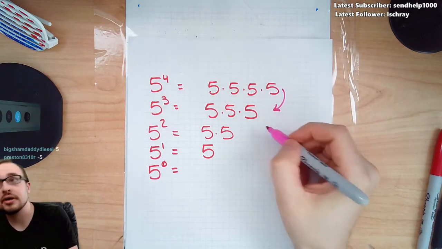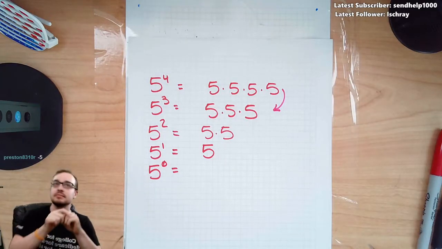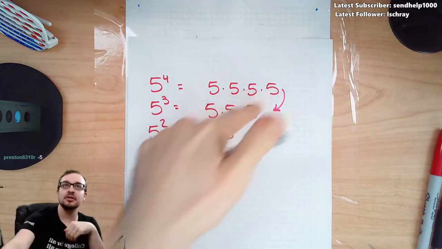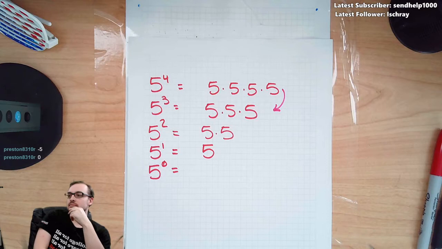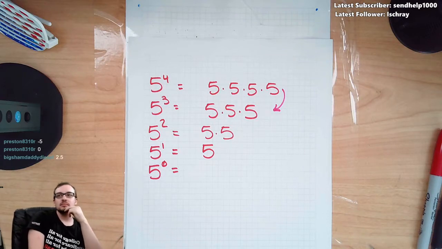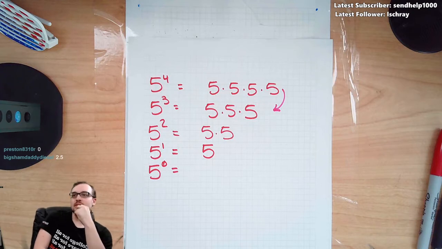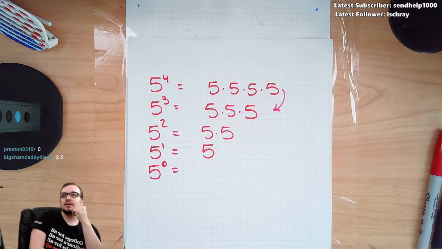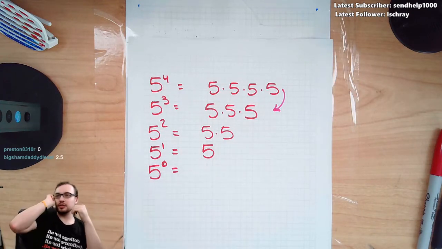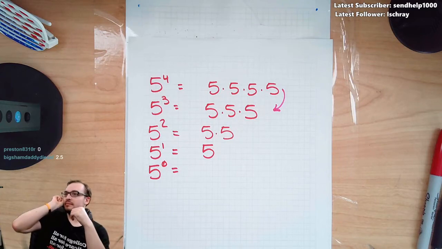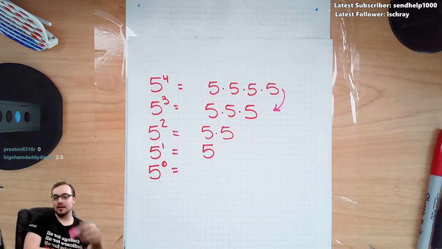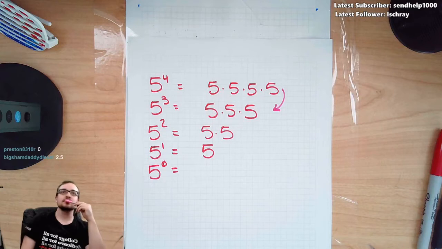What do I do to get from here to here? Think about it mathematically. 2.5. Good guess, but nope. I'm not dividing by 2. Am I? What am I doing to get from here to here?